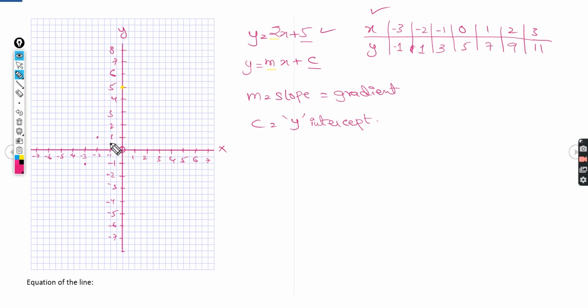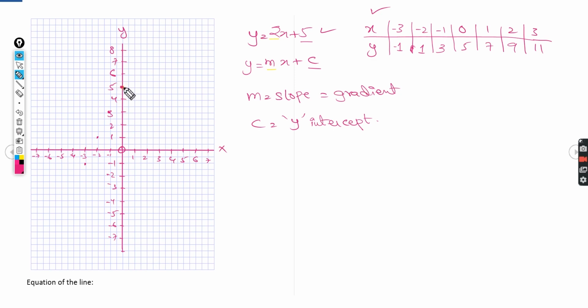-1 is x and 3 is y. Okay, so -2 is x, 1 is y, -1 is x, 3 is y, and 0 is x and 5 is y.